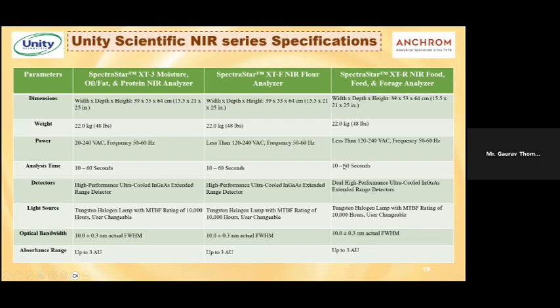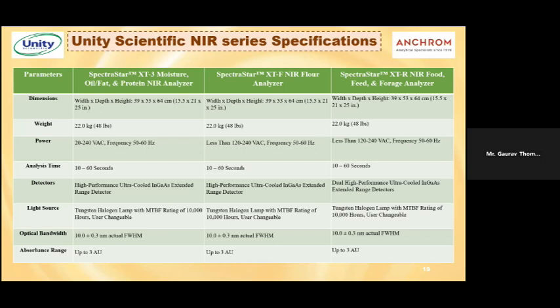Among the instruments that we use, the SpectraStar XT3 and XTF have the same kind of detectors, but the internal make is different. Whereas our SpectraStar XTR has this dual performance high industrial grade detector, which is able to measure the reflectance as well as transflectance from different samples.